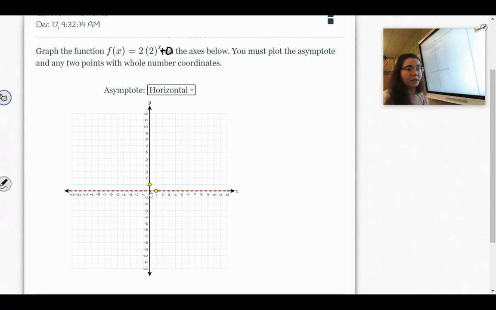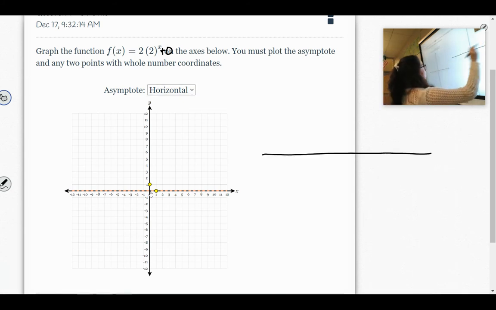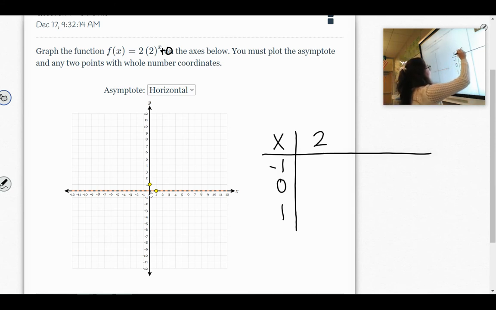Now, the next part is the part that some of us really struggle with, which is filling in our table and understanding that when we plug in a number for x, we get a number out for y. That's our coordinate point. So let's talk through that. For this one, we are either going to plug in -1, 0, or 1. We can type in all three, though, just to see the different answers we're going to get.